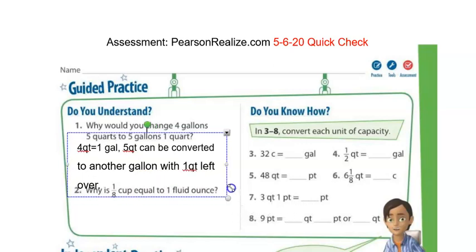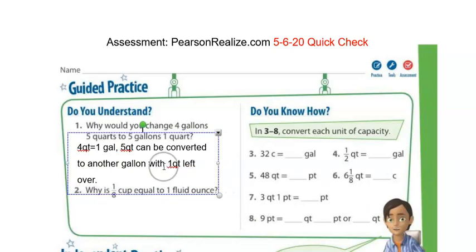When we convert it, it just makes more sense. We take that quart, turn it into a bigger unit, and then it makes more sense.